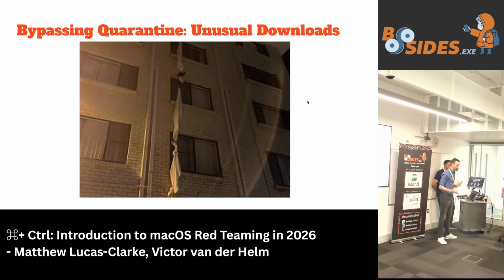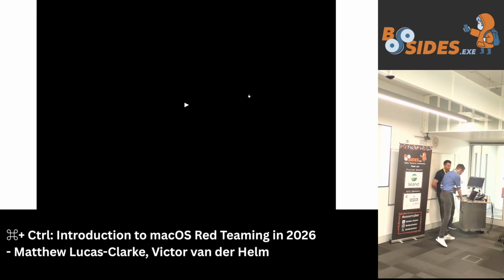So what can we do about this? How can we avoid getting this quarantine attribute if it's so important for Gatekeeper? I'm going to show you a trivial example that hopefully will get your mind whirring about the general class of how you can approach finding bypasses.